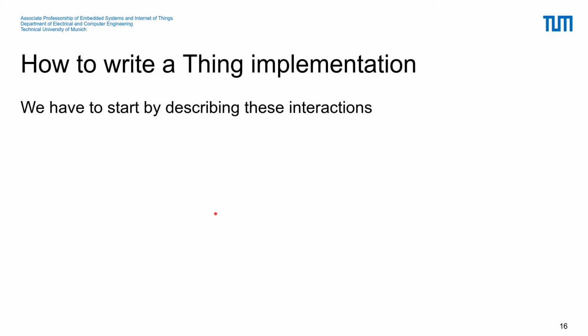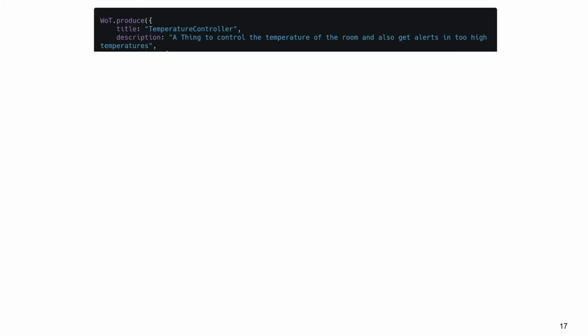With these requirements, we can already write a thing implementation. And we have to start by describing these interactions. So we should think of a thing description like a description. Here are the code snippets, and in the end, you will also have the full source code.